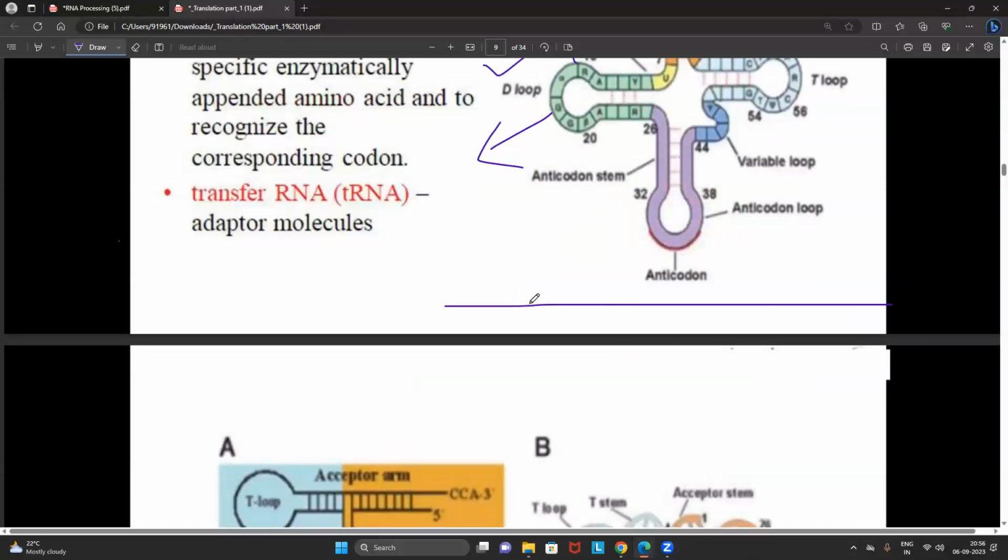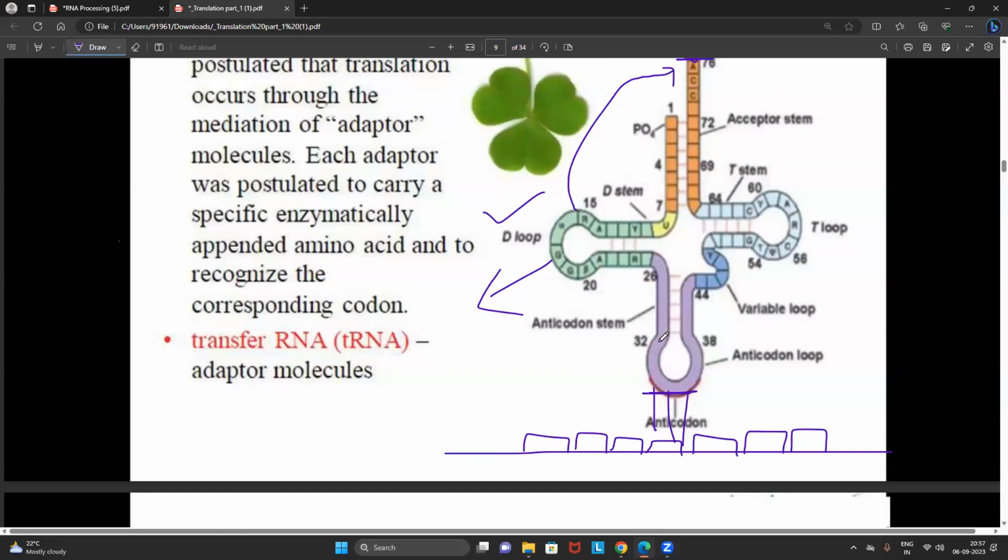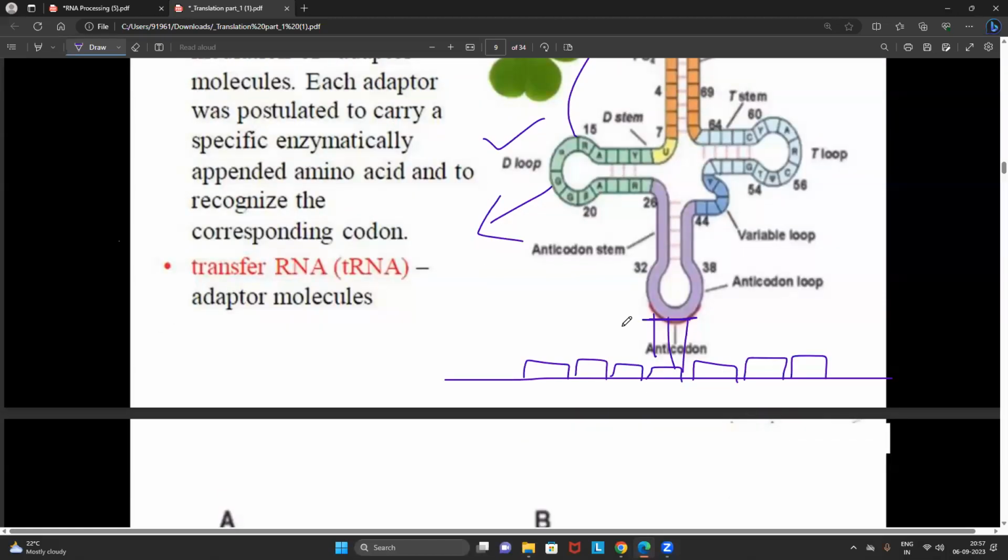Now this is the mRNA. mRNA has codons. Where do the codons come from? DNA. Now to this codon, the anti-codon has to be associated. This is called the anti-codon loop of the tRNA. Now again the question is, who is guiding the anti-codon loop to recognize the codons present on the mRNA? That's an important question.